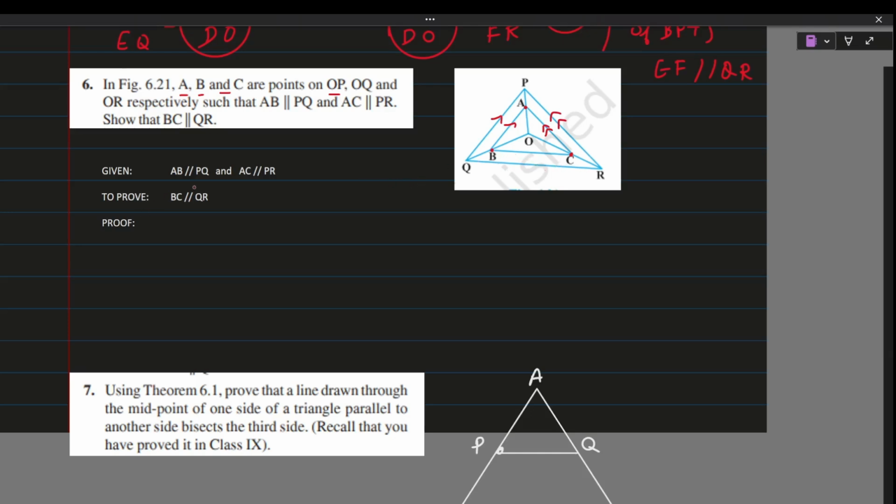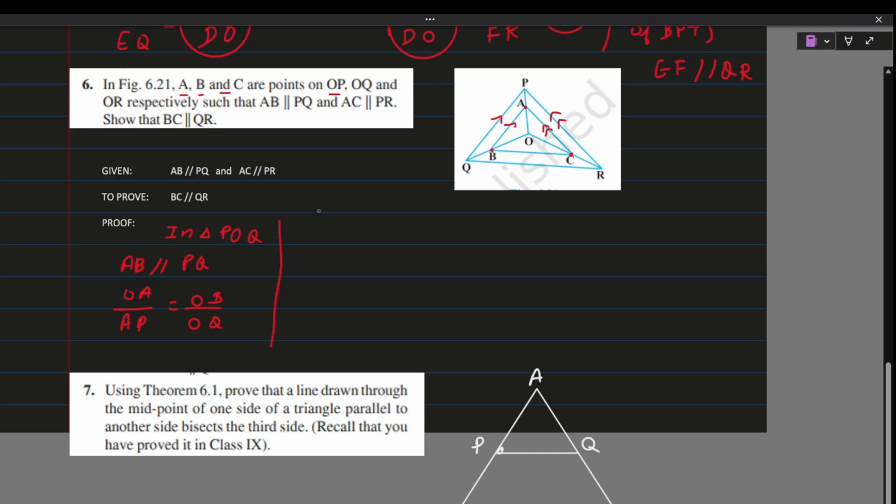Now it's given AB and PQ are parallel, so we will first take triangle POQ. It's given that AB is parallel to PQ. So from here we can say that OA by AP will be equal to OB by BQ.